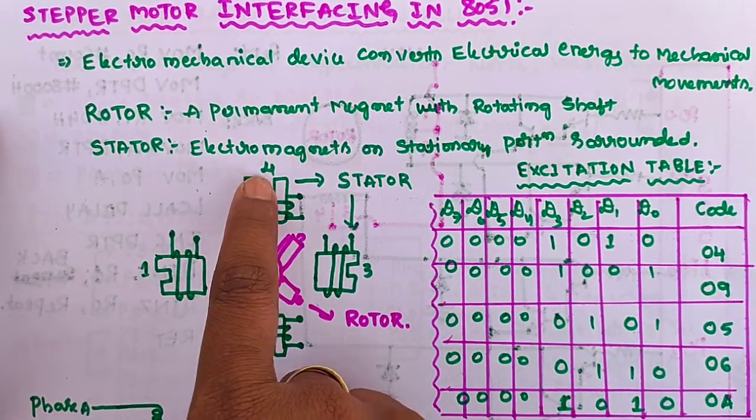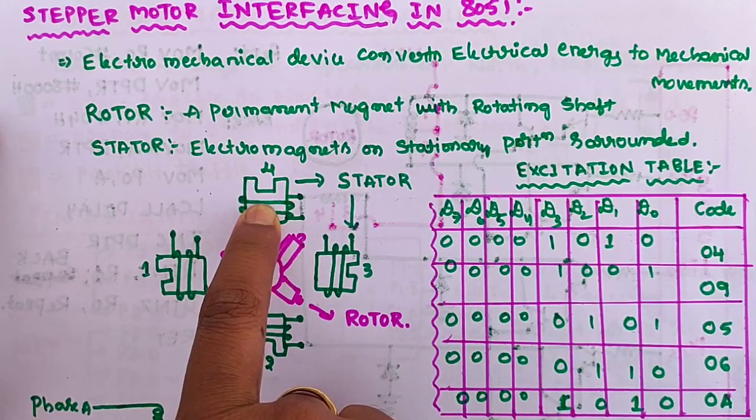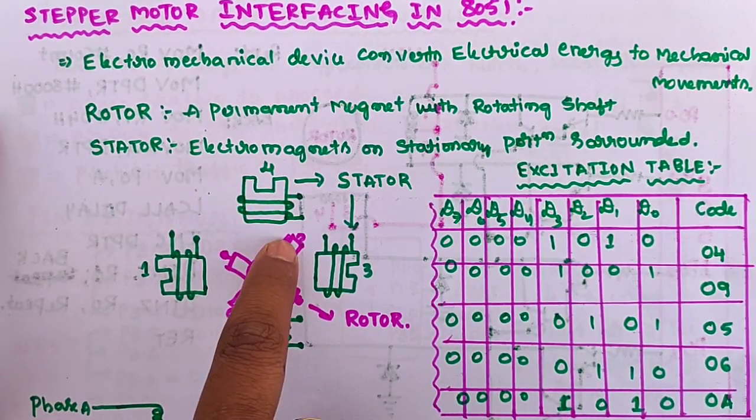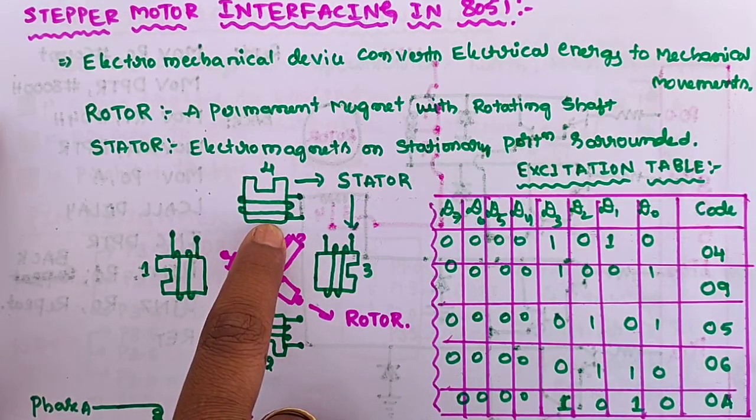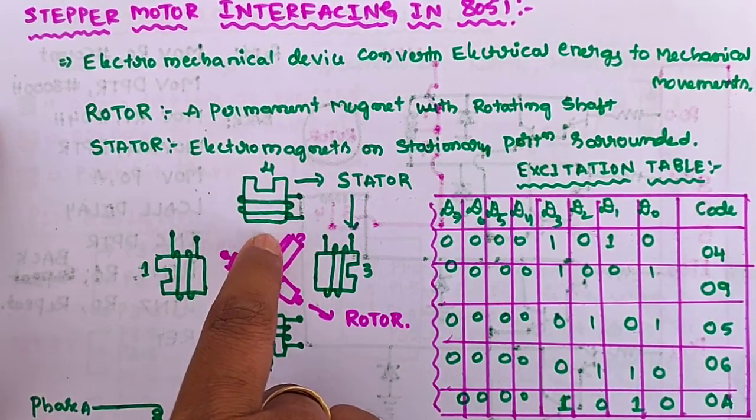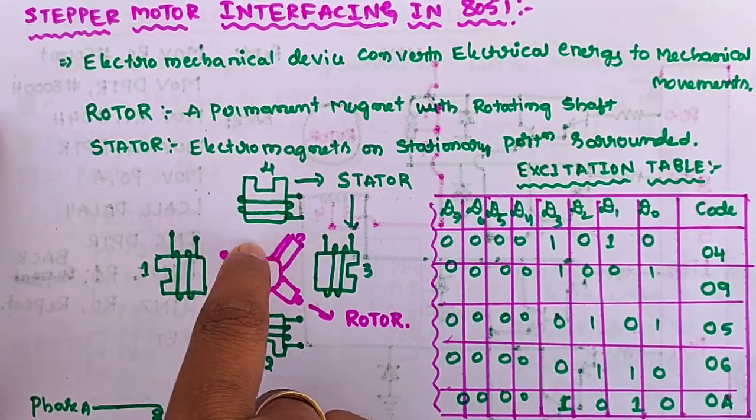That means if I apply the electrical pulse to this electromagnet, the rotor will start to rotate, and because of the electromagnetic induction property it will get repelled.